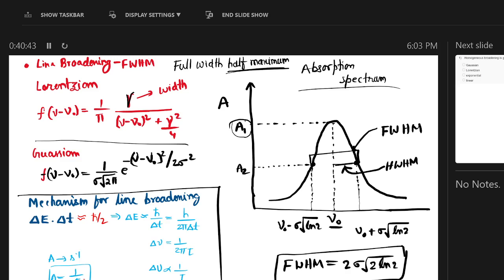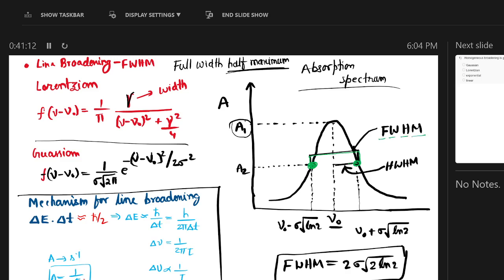So this is maximum. So this will be your half maximum, correct? So the distance between these two points is called full width half maximum.